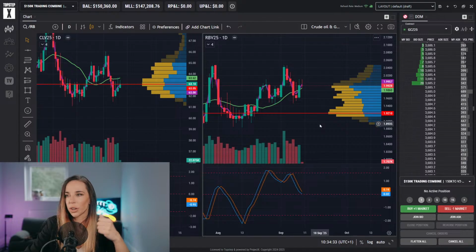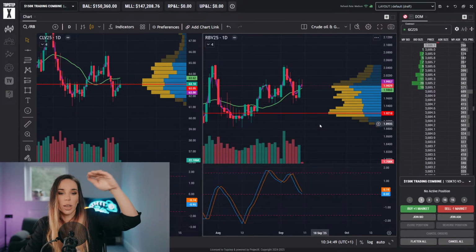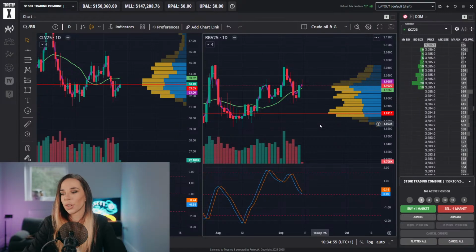It probably started around 3 p.m. my time. And then it just kept going and going. And I was like, how far can this go? So I decided just to hold it till the end of the day. And it literally went up all the way and stopped. It didn't fade, it didn't do anything. It literally just stopped on the day.